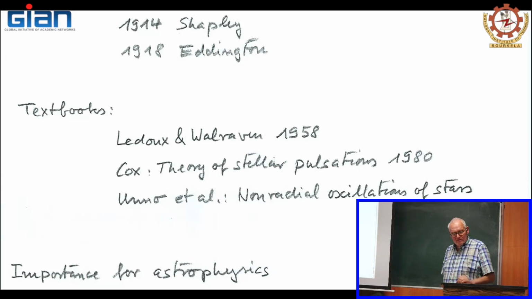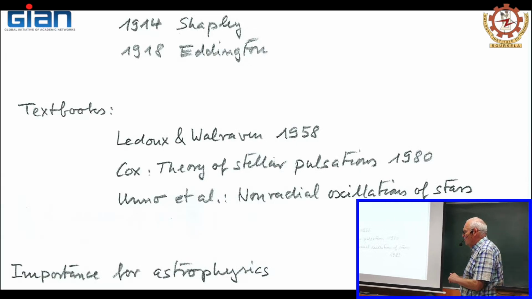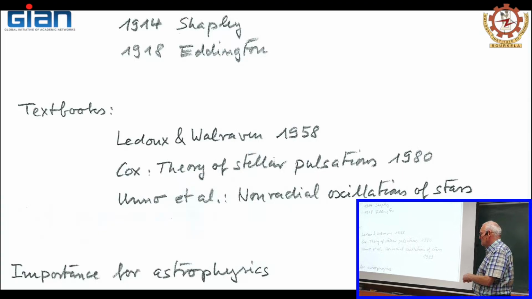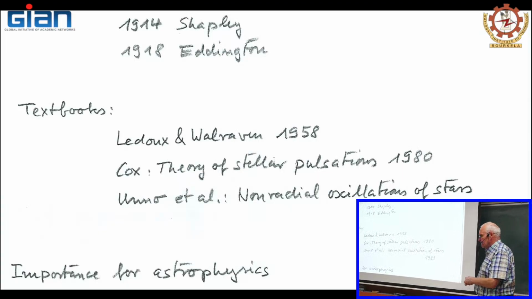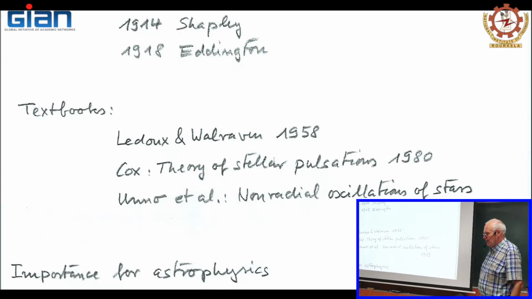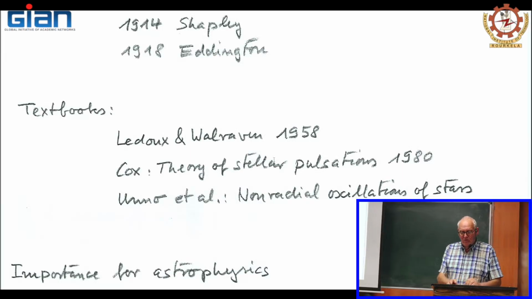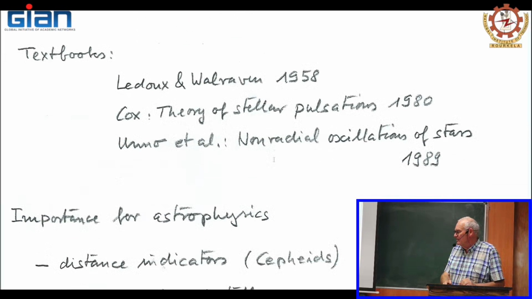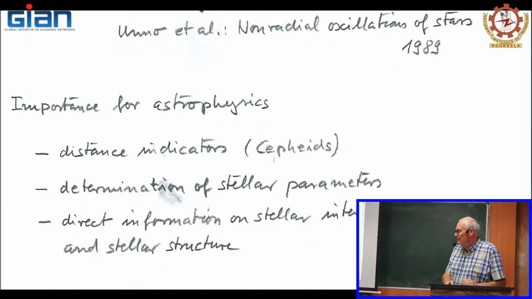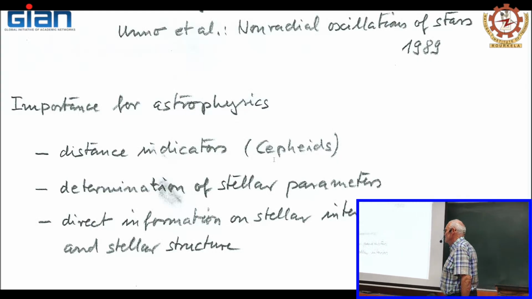But of course, it would be highly desirable to get more motivations for the study of this subject, and in fact, it is much more important. Stellar pulsations are much more important for astrophysics than just the phenomenon itself, because pulsating stars are a very useful tool to determine distances.